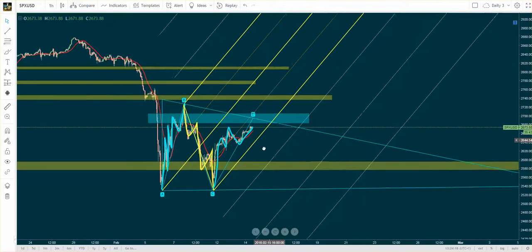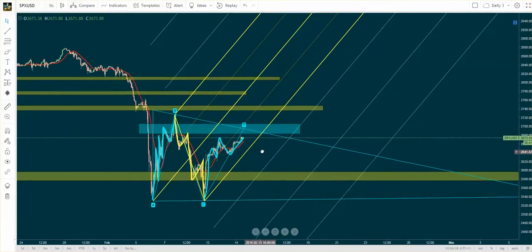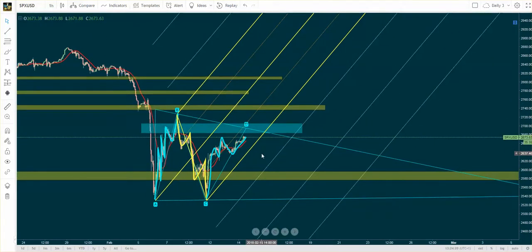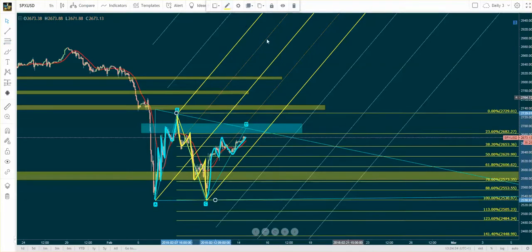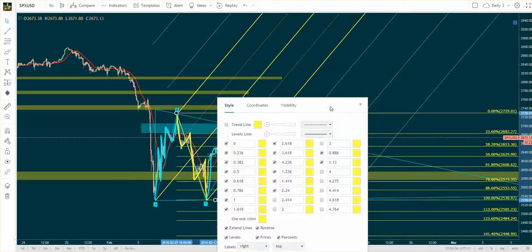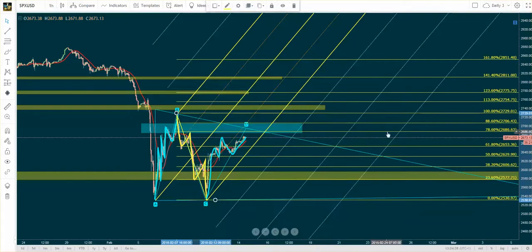So quite a wide triangle, as you can see, but still perfectly valid. Normally the triangles, if I apply a Fibonacci grid here, should be somewhere between 78.6 and 88.6 retracement from each other.